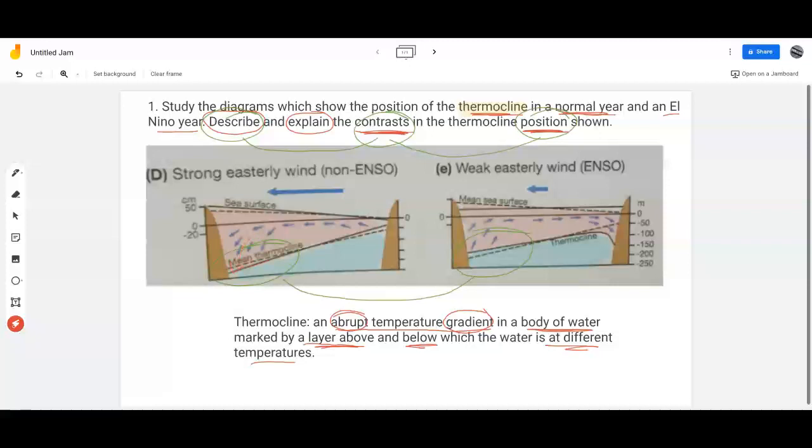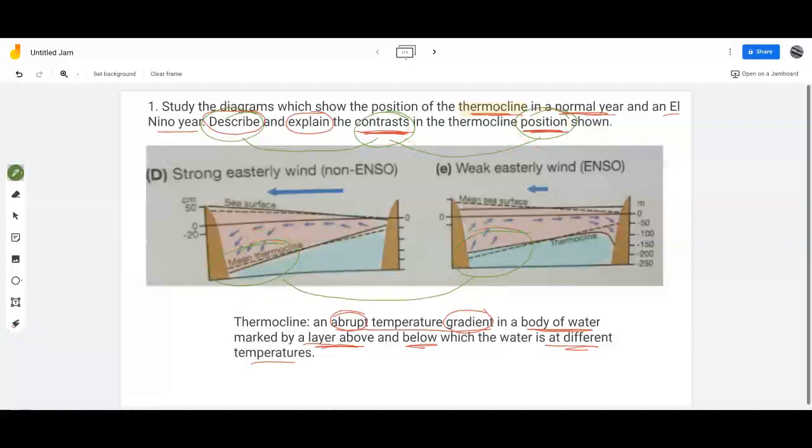In an El Nino year, the warmer water is slightly shallower than average. There's your describe contrasts in the position. Deeper than average in non-ENSO, shallower than average in ENSO. So the western side, that's the difference. That's describing the contrasts in position for the western part of the Pacific.